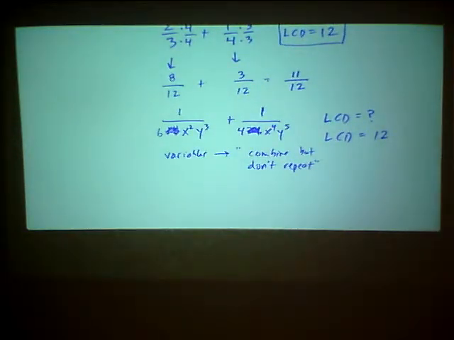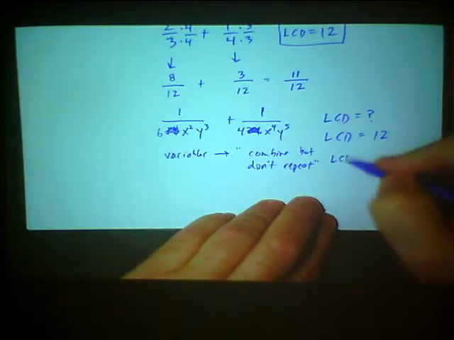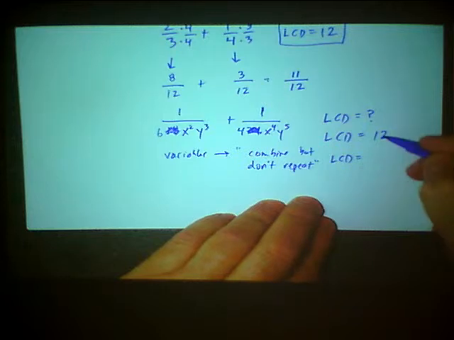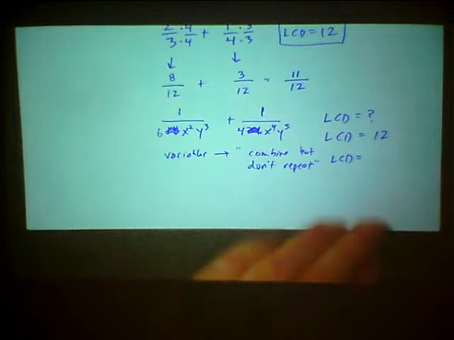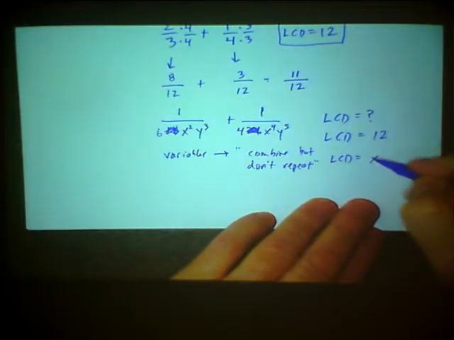Easiest thing to do is I'm going to write down, now this is just the variable part. I'm going to have to combine it with this 12 in a minute, but for the variable part, I'm going to write down the denominator of my first fraction, the whole thing. So for me, it's x squared y cubed.